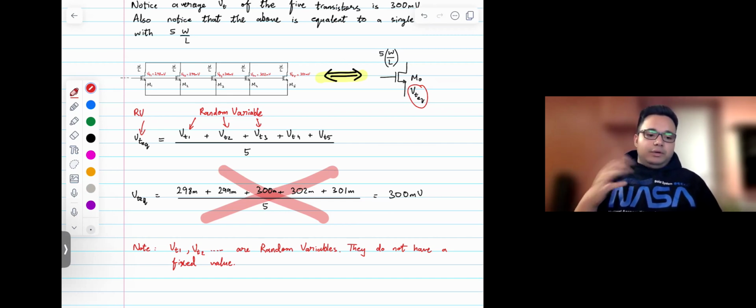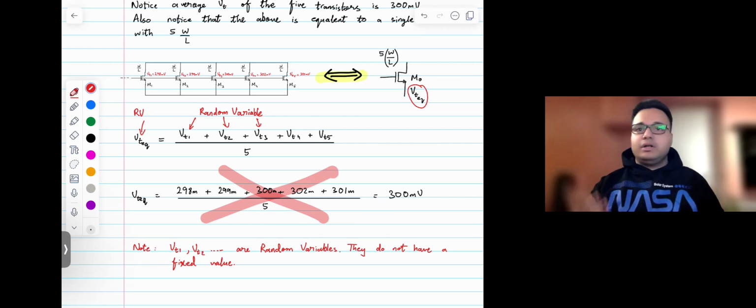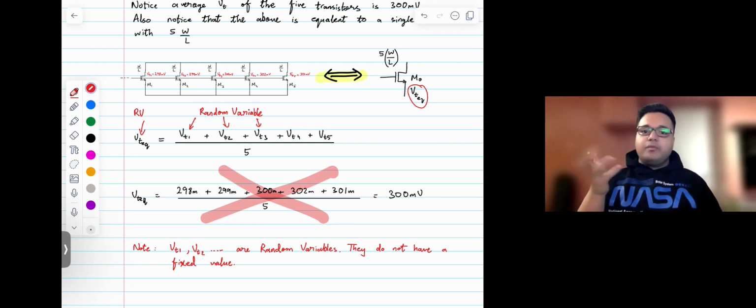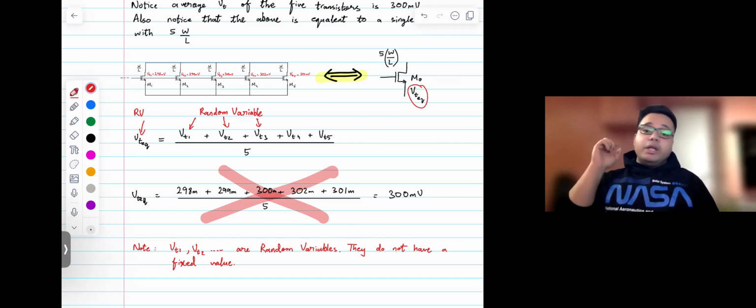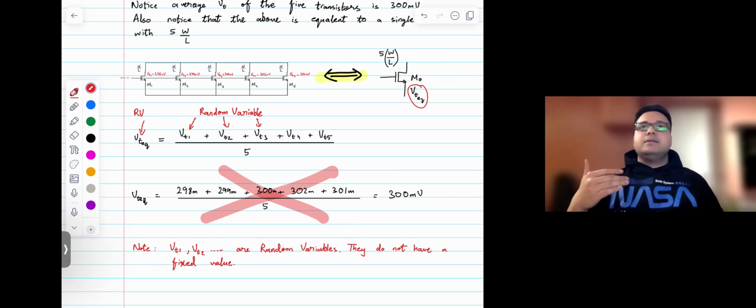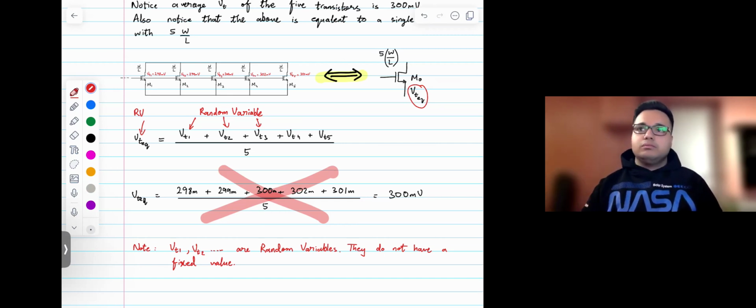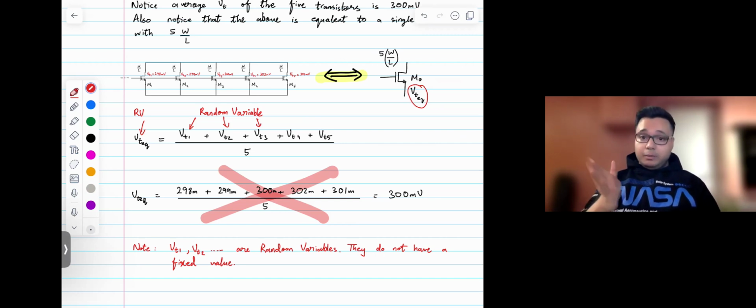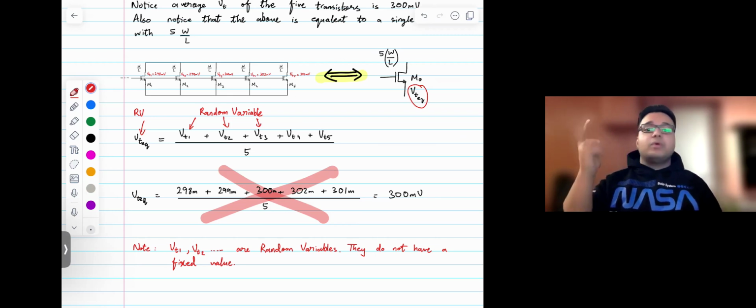Normally you would say VT is 306 millivolts or 300 millivolts or whatever. Whenever you say VT, you're thinking of a particular millivolt value. But when you talk about the threshold voltage VT as a random variable, you're more interested in what is the probability that the threshold voltage is lower than, as an example, 300 millivolts. What is the probability that this random variable VT has a value that's higher than, let's say, 450 millivolts?